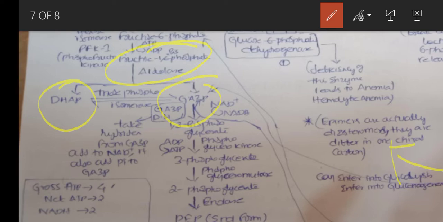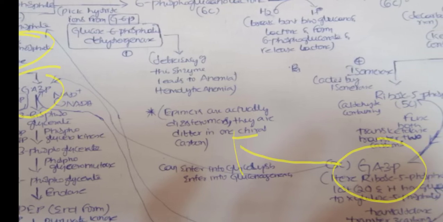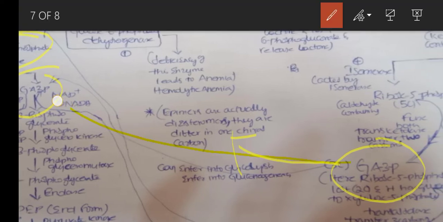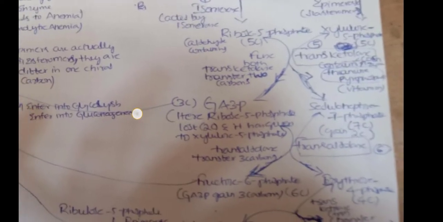So this glyceraldehyde 3-phosphate will enter here in the glycolysis pathway.